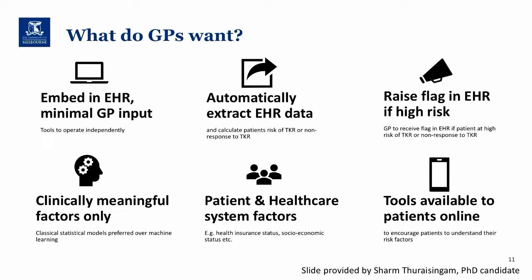We only want the model to include clinically meaningful factors. But we also want it to include important things that we know impact patients' experience and access to care, like their health insurance status and their socioeconomic status. And we also maybe want such a tool to be available to people with osteoarthritis online to encourage them to understand their risk factors and maybe to bring it to the GP to have a conversation.